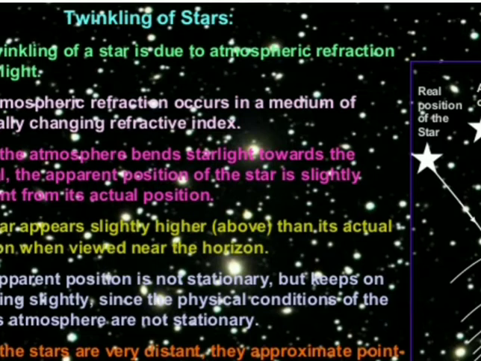Due to which atmospheric refraction takes place, and sometimes the stars appear slightly higher compared to their actual position. And not only this, they sometimes appear brighter as well as dimmer. As a whole, they bring the twinkling effect of stars.